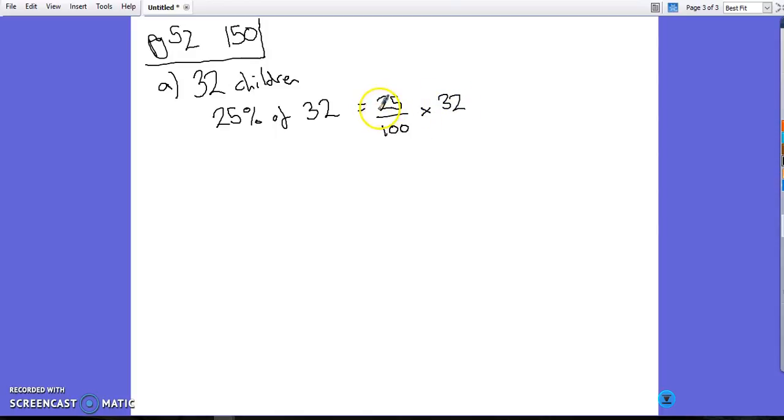And of course this fraction can be cancelled. 25 goes into itself once, and it goes into 100 4 times. So actually we're just looking at 32 divided by 4, which is 8. So we have 8 boys. And so that we complete the question, we also need to say how many girls there are. So this means that we must have 24 girls to make up the 32 children in the class.